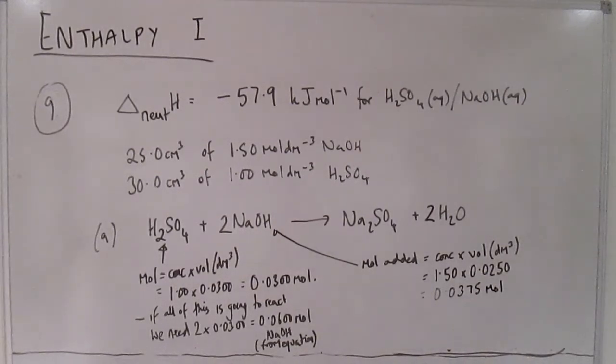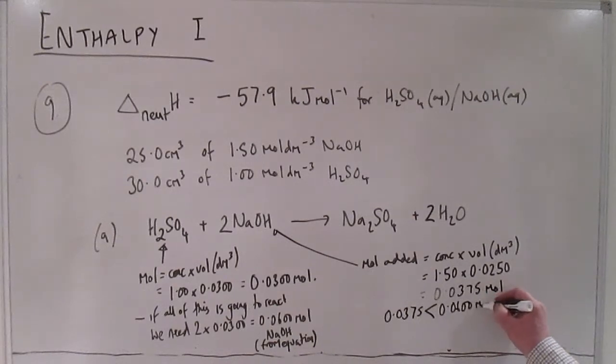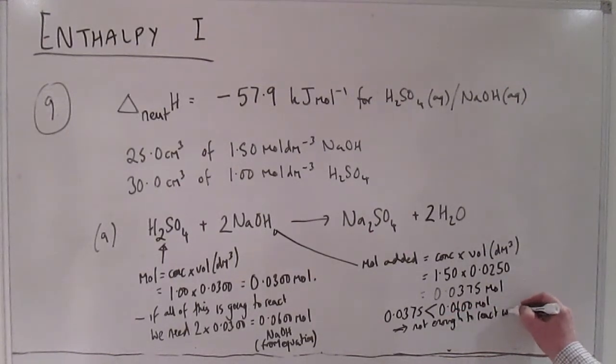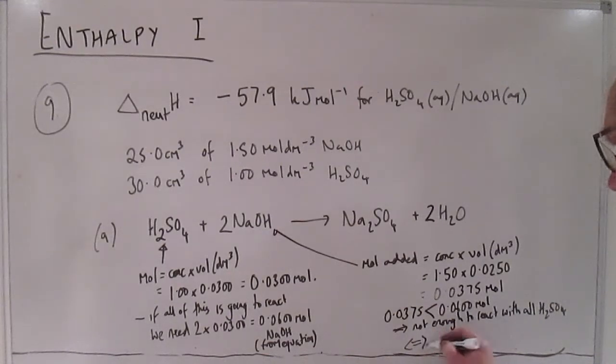But we worked out that we needed 0.06. Okay, so 0.0375 is less than 0.06 moles, which means that there's not enough to react with all the sulfuric acid, or to put that another way, the sulfuric acid is in excess.